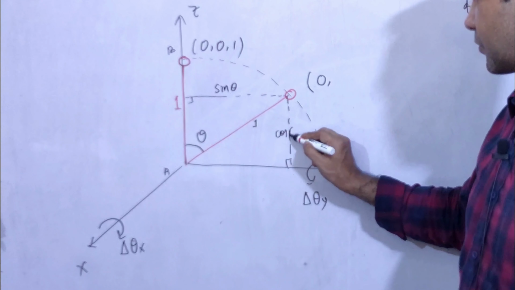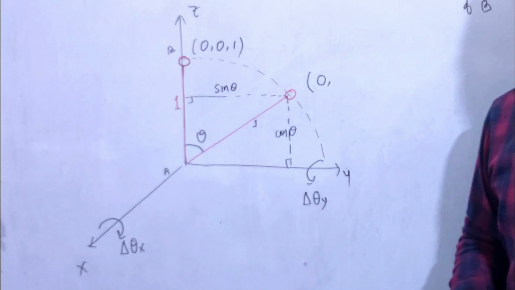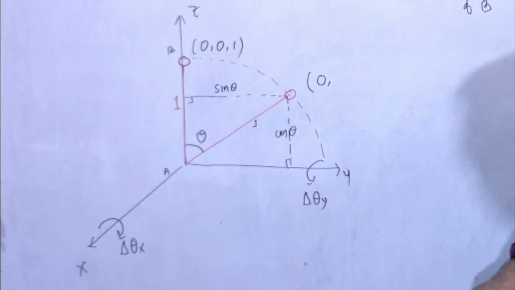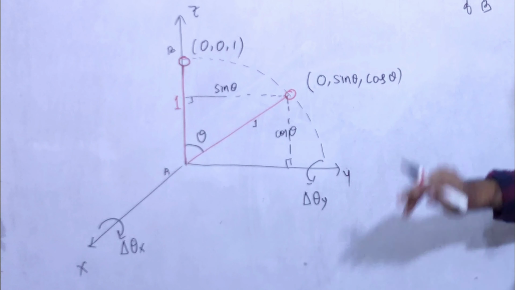So the y coordinate is sine theta here, and the z coordinate is cos theta.